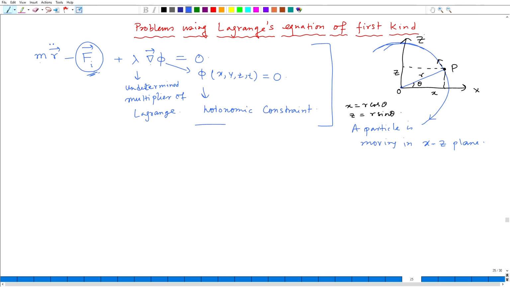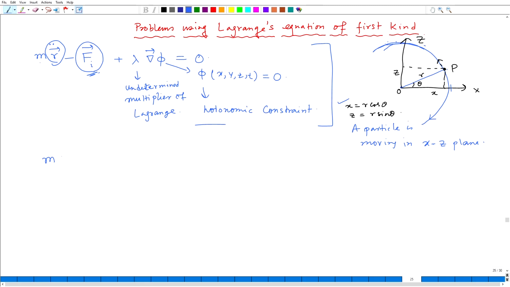I have a motion in 2D and that is my choice, that is not a constraint actually, that is the choice. You can say that the motion is on 2D, but then the constraint is that now the particle has to move in a circle of radius, let us say small r. So, I can now say that this small r is a constant.